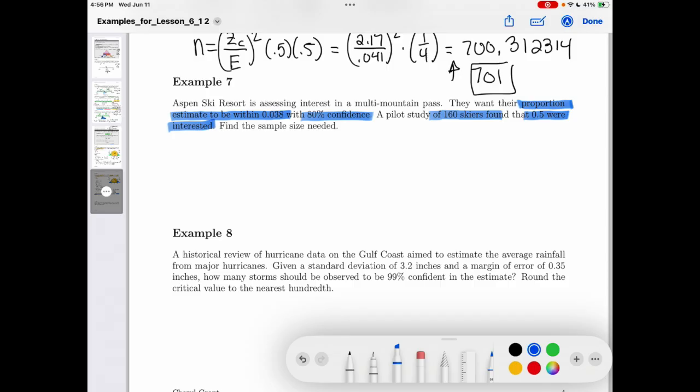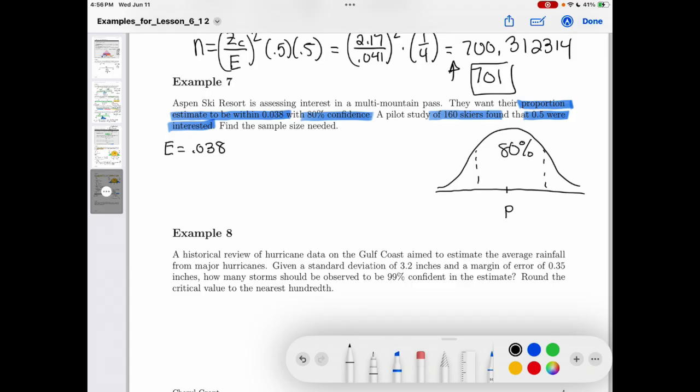So let's list out all of the information that we have. We have that our error is 0.038. So we want an 80% confidence level. So we have 80% in the center. We have our proportion from the sample, our p hat, in the center. And then our error comes out in either direction.